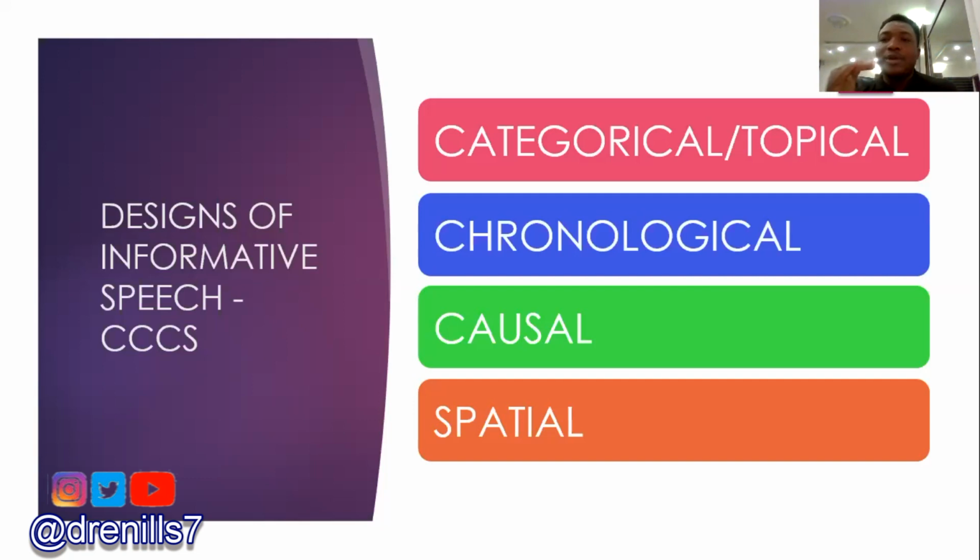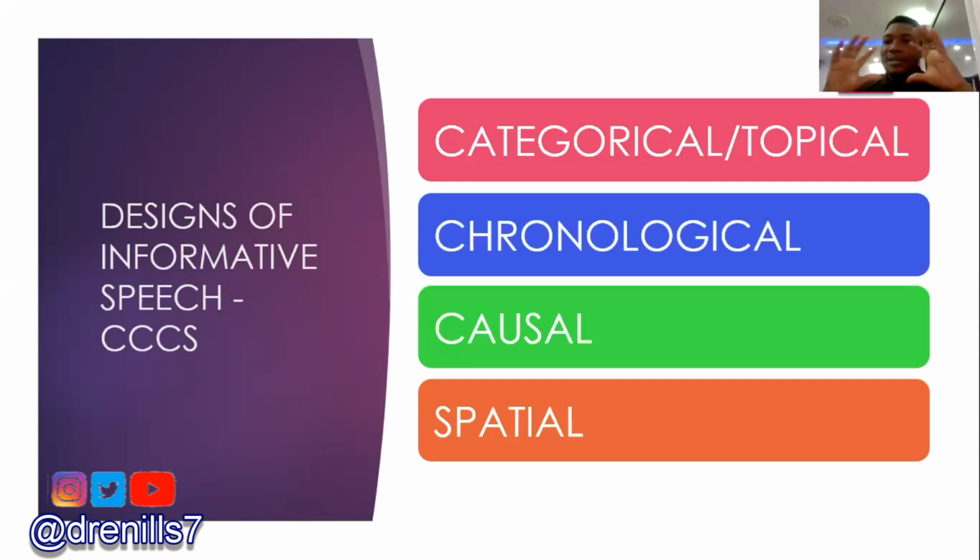You use a categorical or topical design. That means you categorize the businesses. Topical means by topic. So they're not directly connected, but they are connected by the introduction and the conclusion. You want to communicate all of them in one speech, but they are not directly connected.